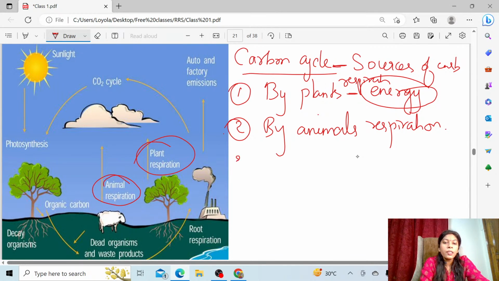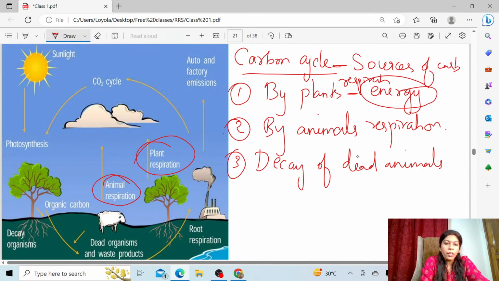Then third, I can say decay of dead matter. Dead animals, when decaying, give out carbon dioxide. Here you can see dead organisms and waste products, giving out carbon dioxide into the atmosphere. Fourth, fire is a major factor for carbon dioxide.